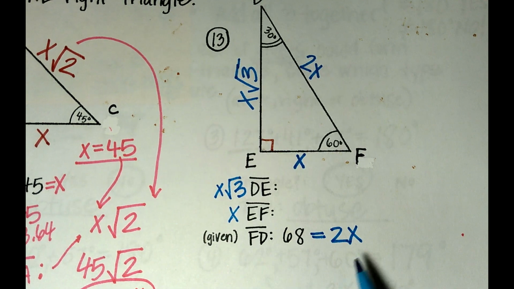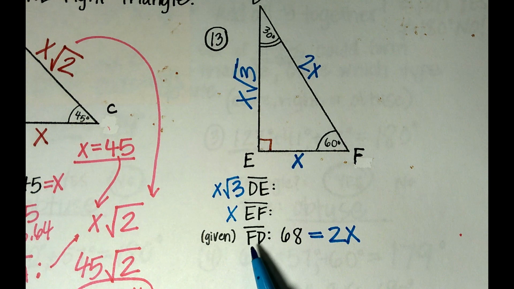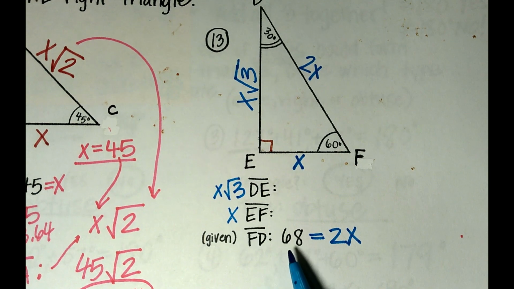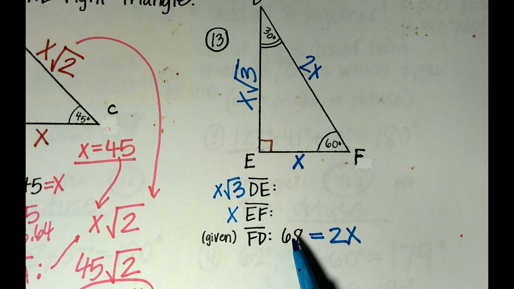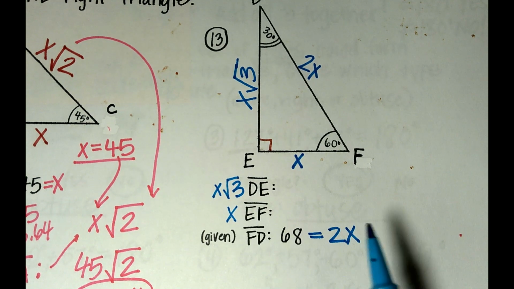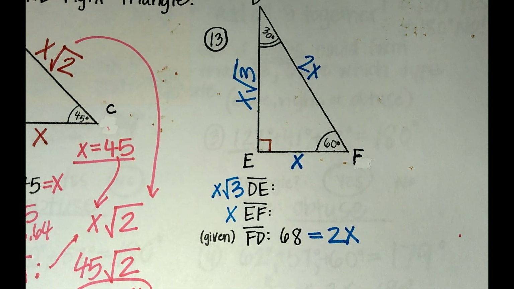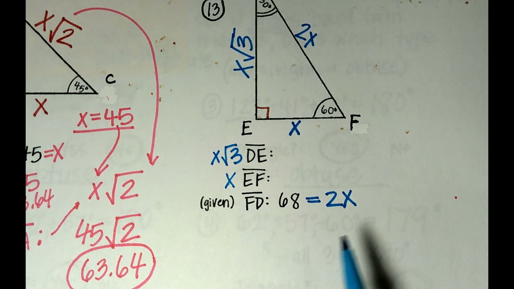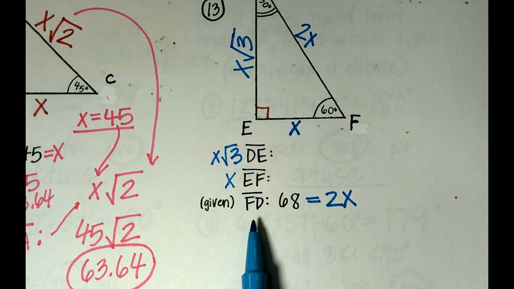So I know FD is 2x. I also know FD is 68. So 68 should be 2x. Oh, so it's like the equation kind of wrote itself. So what should I do here? Divide by 2. Yeah, we're trying to solve for x now. I have 68 equals 2x. So all we need to do is divide by 2, and that should give us x, right?